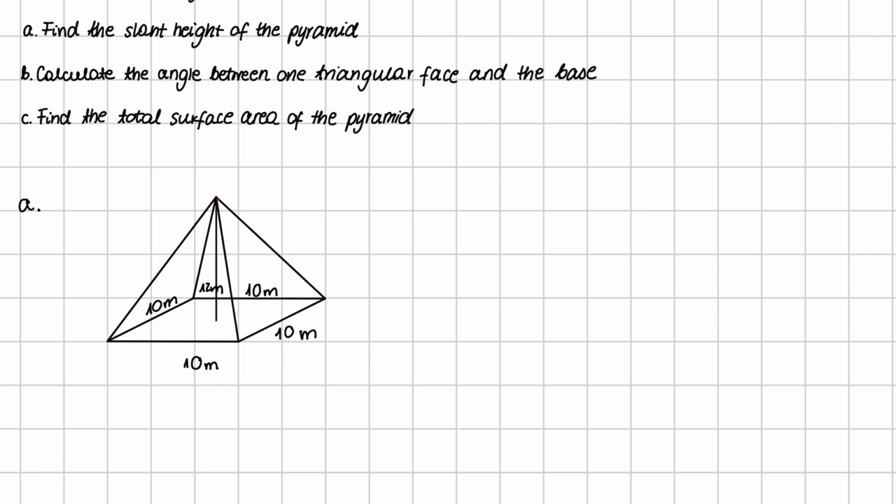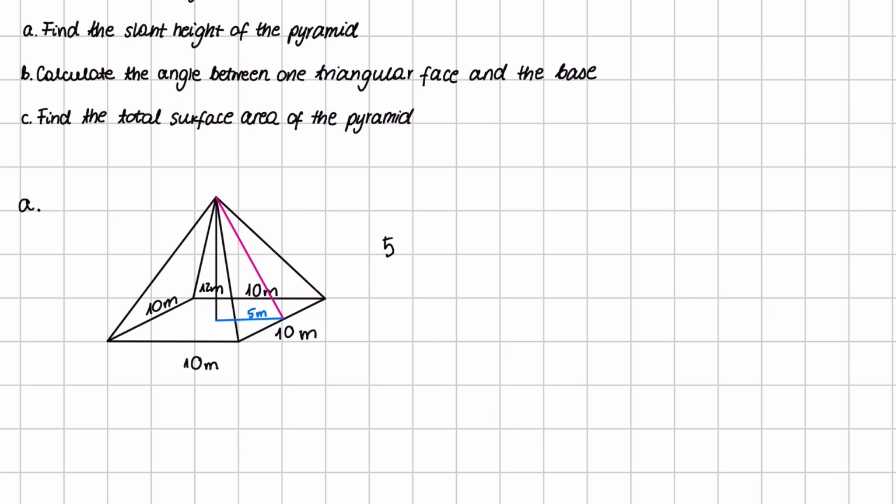So what we can do is to observe that we can make a triangle in here, and as our base is a square, we can divide our base into 4 smaller squares, and we will have 4 squares with sides 5 meters. So here is also 5 meters, and we can use it to calculate our slant height from the Pythagorean theorem.